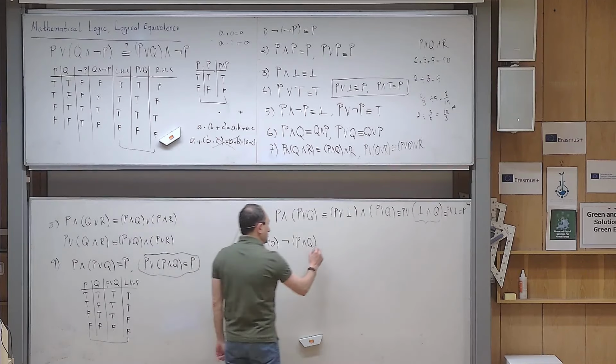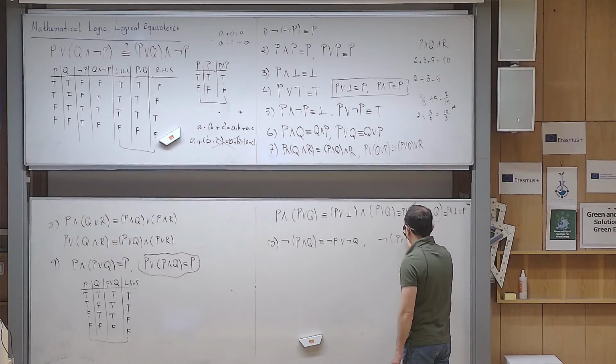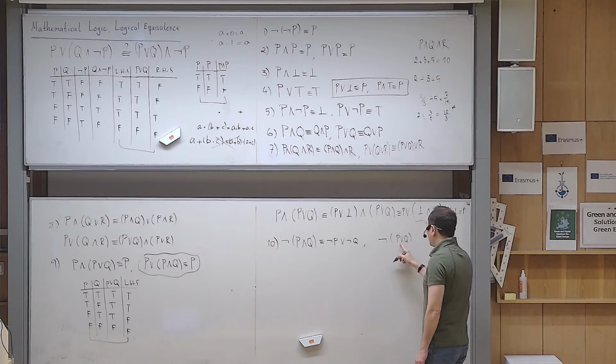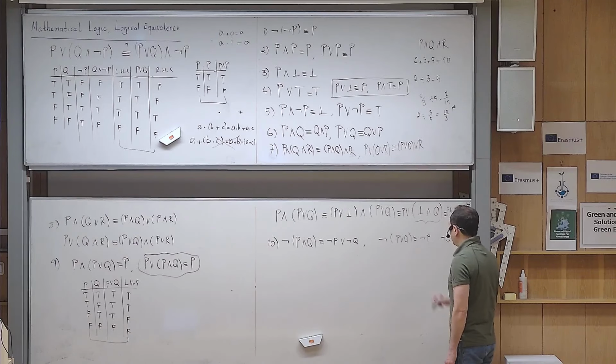So this is equivalent to saying not P or not Q. And then I have also this negation of P or Q. The negation of a disjunction is the negation of the first one, negation of the second one, but disjunction will turn into a conjunction.